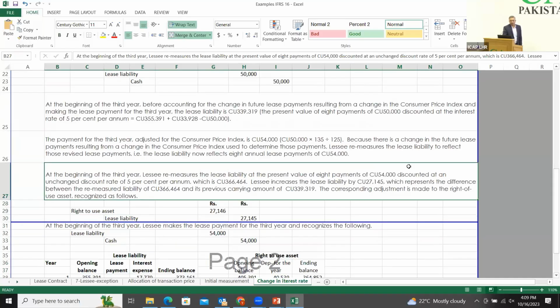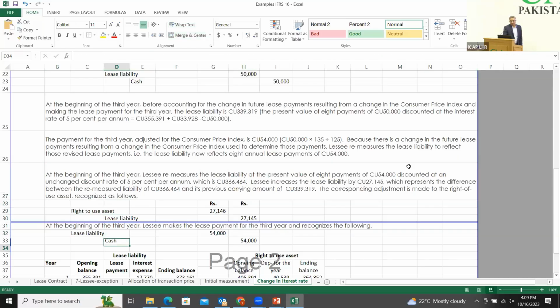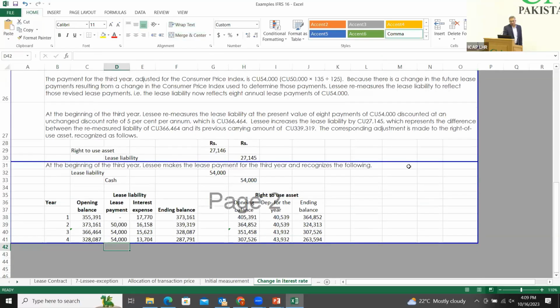Now the rate will not change, and now the value is 3,66,464. There is a carrying value given over here. Here is a carrying value 319, and the difference is basically 27,146. So there is an increase in the lease liability. Right of use asset will be debited and lease liability will be credited with the change in the value of the lease liability.